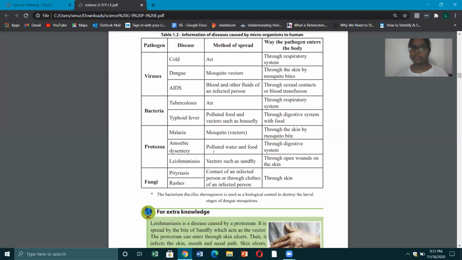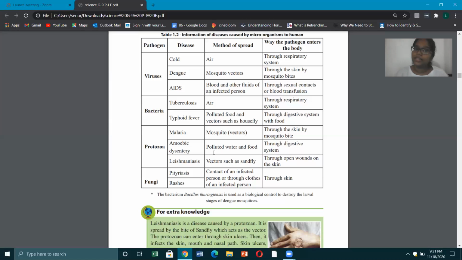That person could also get AIDS. So blood and other fluids of an infected person can be a cause, and it also spreads through sexual contact or blood transfusion.